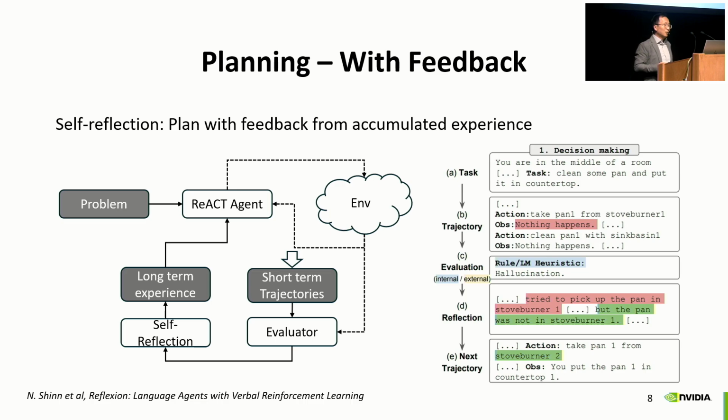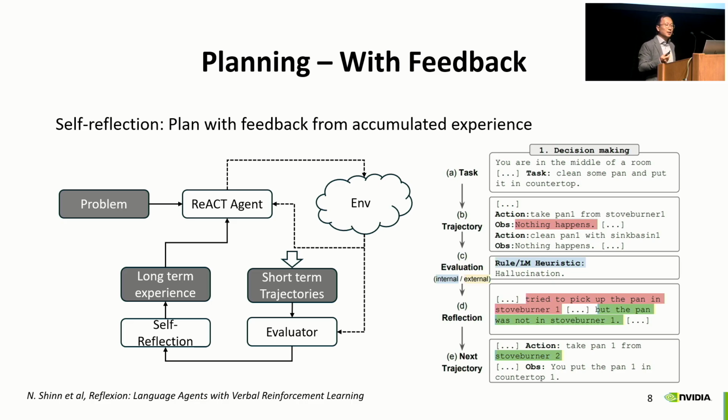Now, the ReAct feedback is only from the environment. It is kind of reactive, right? That's what the name ReAct means. So it does not fully leverage the agent's memory capabilities. Self-reflection allows the agent to learn feedback from accumulated experience from the memory.